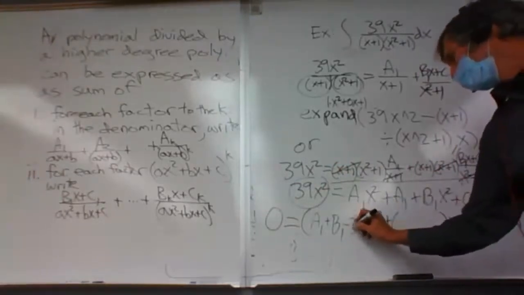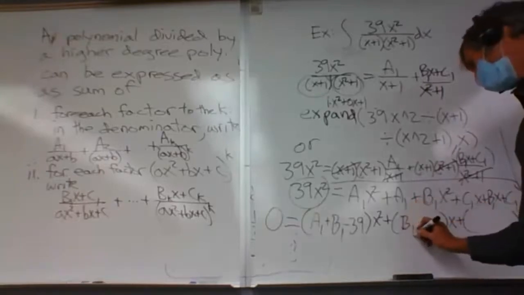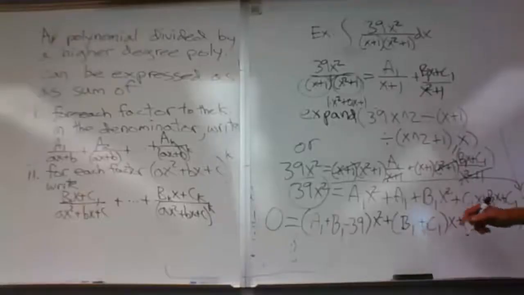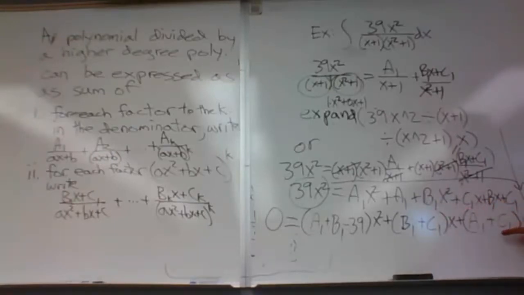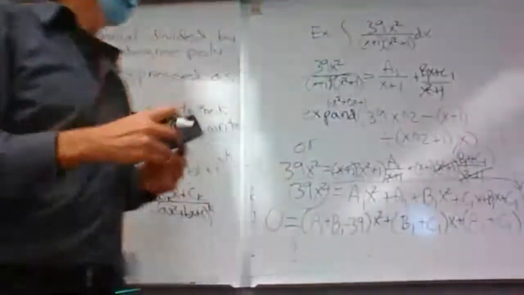So I'll get a minus 39 multiplying x squared over on the right also. Then the x terms, I've got c1x plus b1x, so I'll just put b1 plus c1. Then the constant terms, I've got a1 and c1. So satisfying this equation for all x not equal to -1 is equivalent to finding the partial fractions expression there.